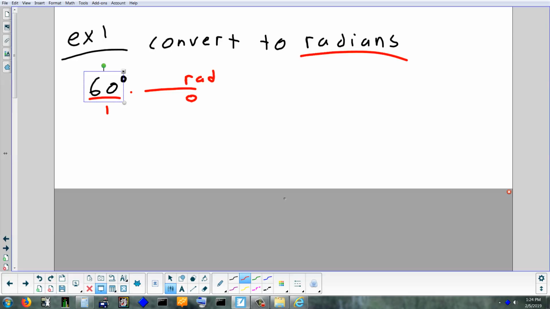Now you just have to remember the two numbers. Okay. When you think degrees, what number did I say to always think of? Think of the 180. And when you think radians, pi. So we're multiplying by pi and dividing by 180. Degrees cancels. And how about 60 and 180? Are they both divisible by anything?